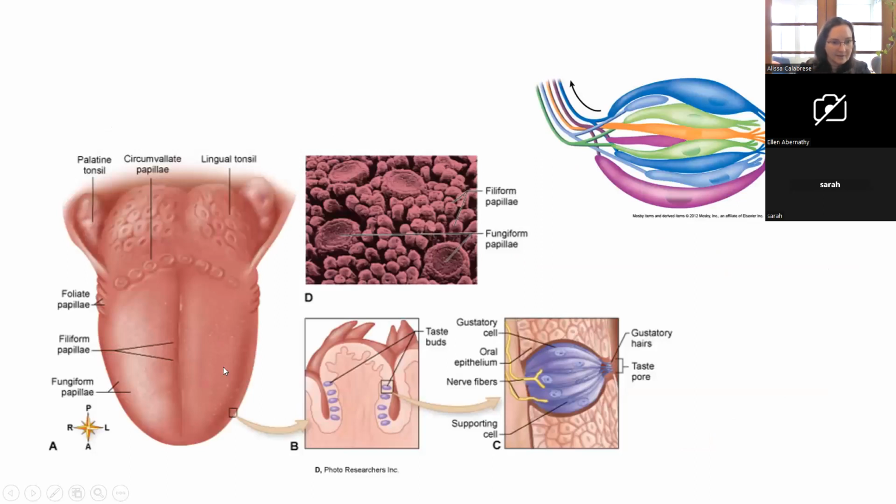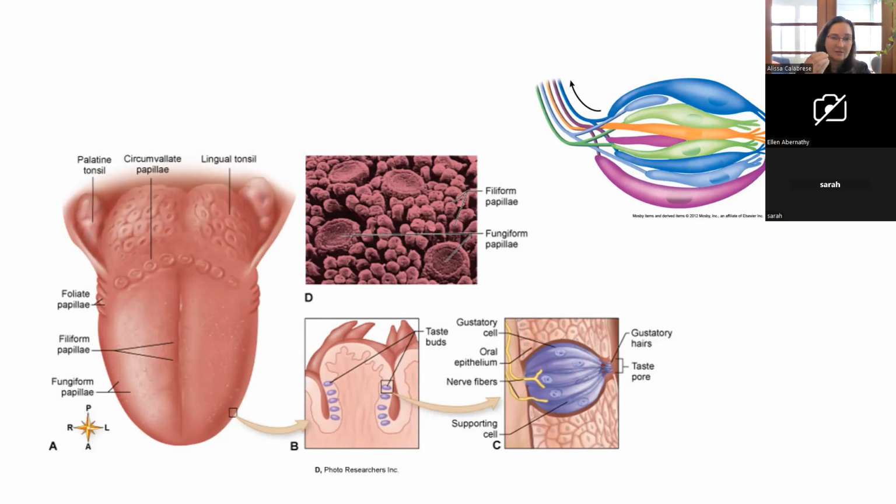So yeah, if we look here, these are the lingual papillae on the surface of the tongue. And if you look at the little valleys in between them, that's where the taste buds are located. Right, so for your taste buds, these are just sensory neurons, to be able to pick up chemicals from the food that you eat, you have to chew that food.